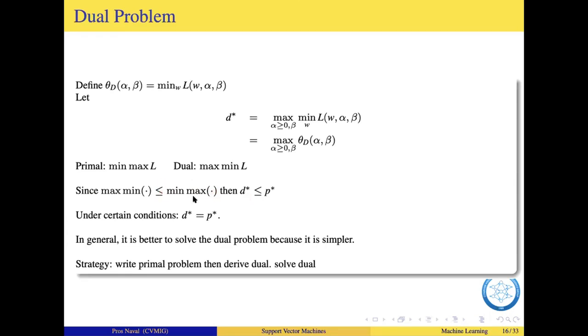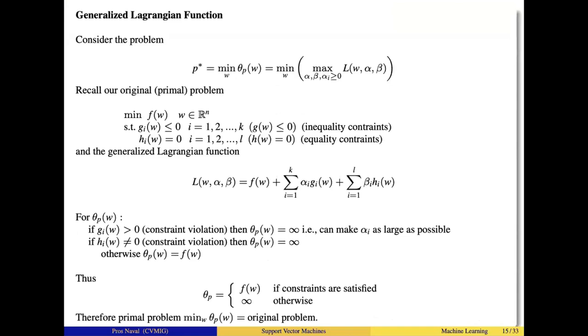You can show this mathematically, but I won't show it to you. You just read up on this if you're not convinced. Then we can therefore say that D star, this quantity here, will have a value that is less than or equal to P star. P star being this.